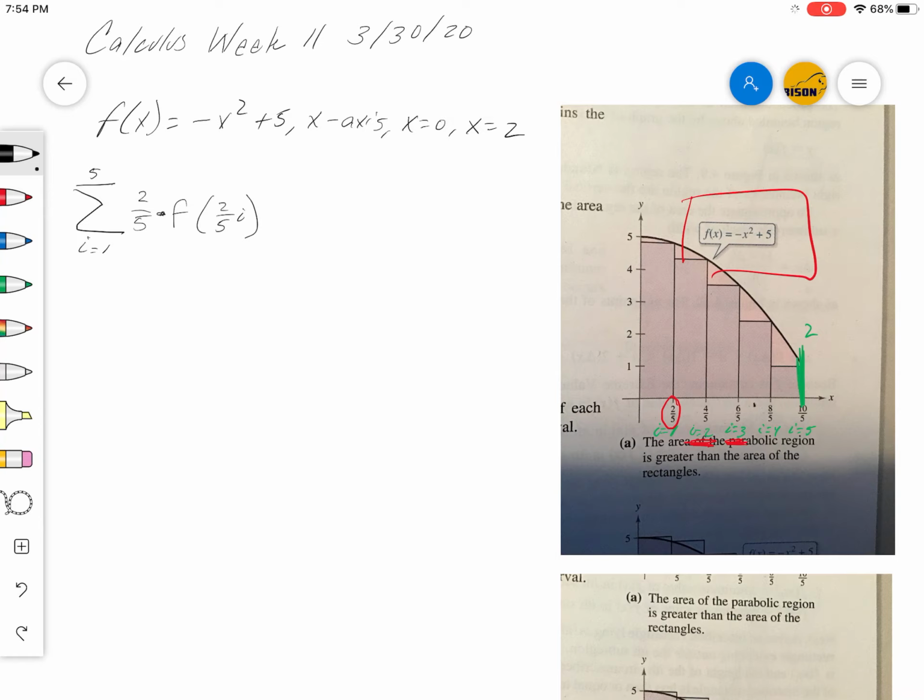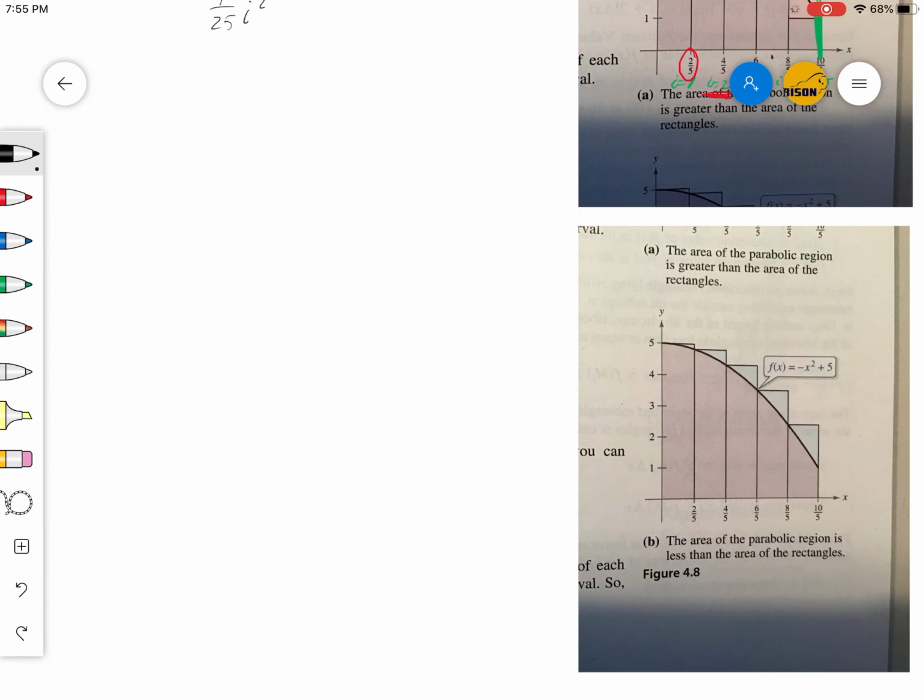We can do our summation. I'm going to put this into our function. We've got 2/5 still, and we're going to put 2/5 i into the function. So that would be negative (2/5 i) squared plus 5. Squaring everything there, it's 4 over 25 i squared.